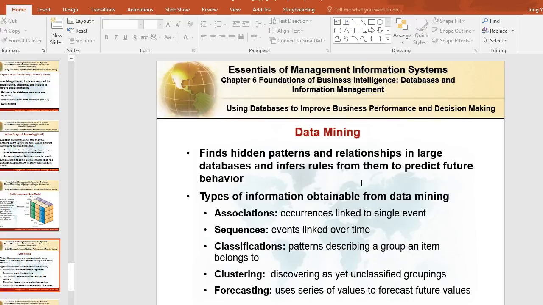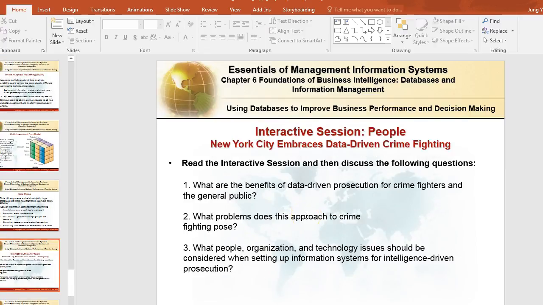The types of information obtainable from data mining are associations, sequences, taxonomy, classification, and clustering. Eventually, we need to get intelligent business information out of the large data by digging into the data warehouse platform.